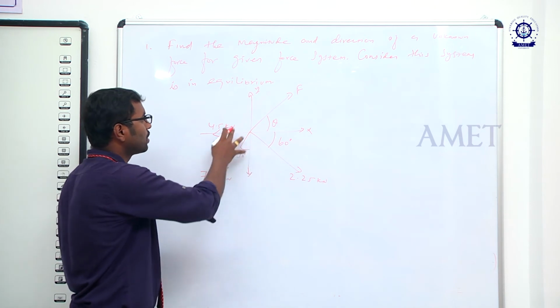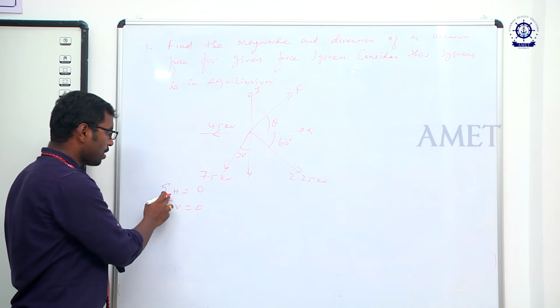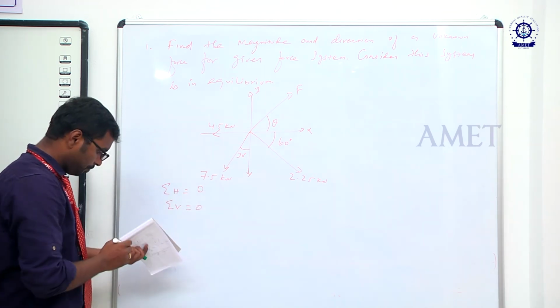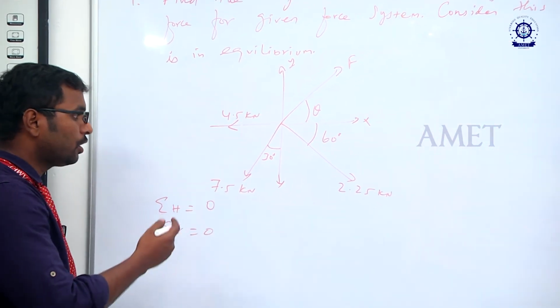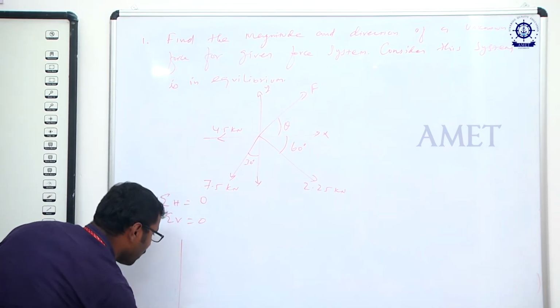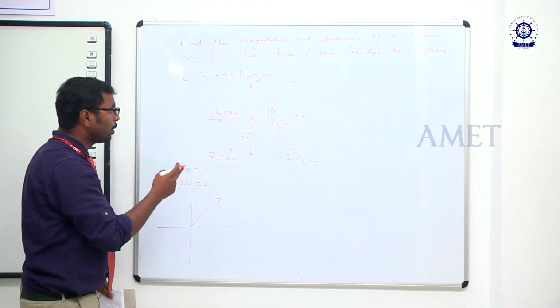That is why the system is in equilibrium. So we have to take the summation of horizontal components as 0 and the summation of vertical components as 0. While solving this problem, we have to divide the forces into two components. This is the F force. So for my convenience, I am going to divide all the forces into two components.